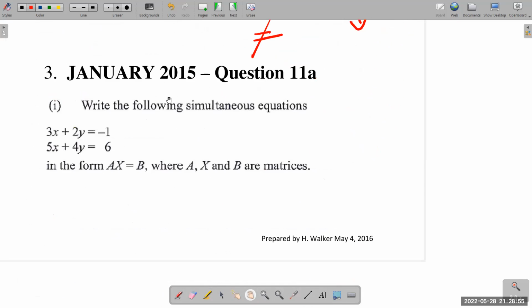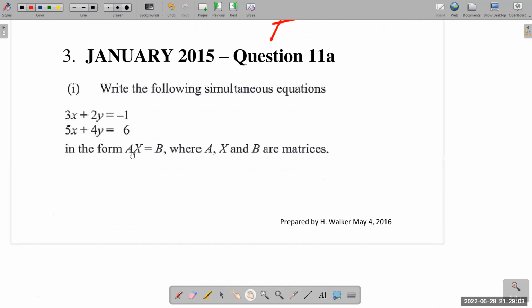Moving on. Write the following simultaneous equations in the form AX equals B. You get 1 mark. Do you want me to do it out quickly again? How do I write it out in AX equals B form? Who represents the A? The coefficients. So A would be 3, 2, 5, 4.